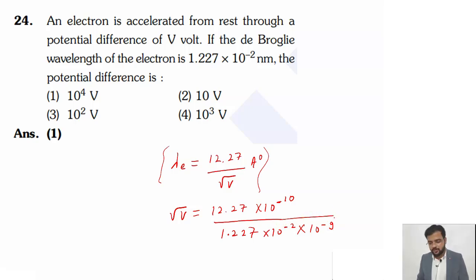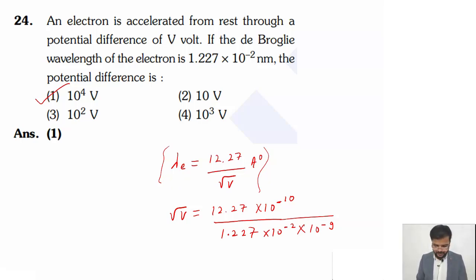After solving this equation, we will get option number 1. So option number 1 is correct here. Simply we have to use this formula and you will get the answer here.